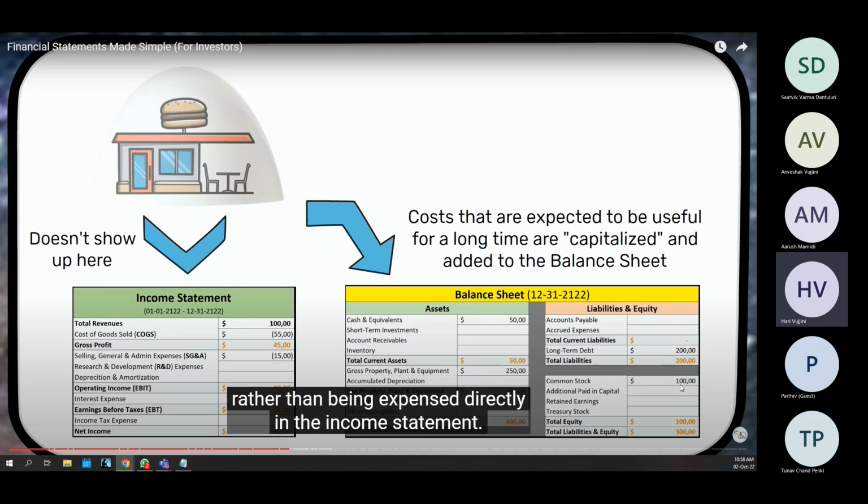So it started with equity, then it started filling up, because he borrowed money from the bank. So $200 showed up in long-term debt. With the $300 in pocket, he procured $250 worth of plant. Things like this get updated in the balance sheet and income statement and other statements in real time.